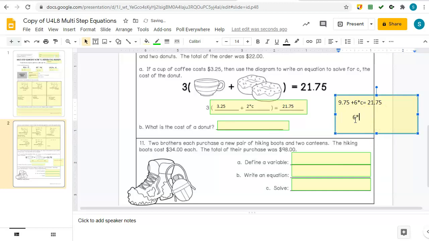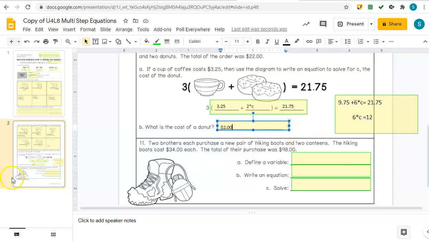So 6 times C equals 12. That means each donut costs $2. Now, in context, you should make sure to round to the nearest cent and put the dollar sign.